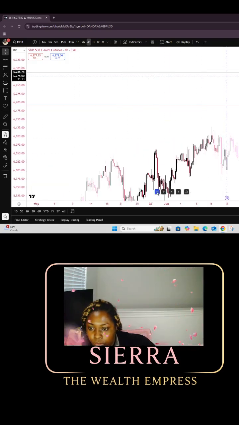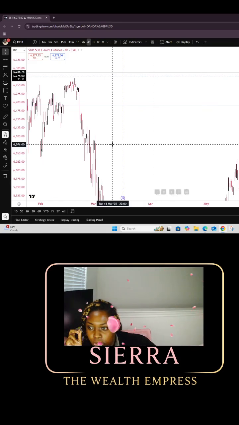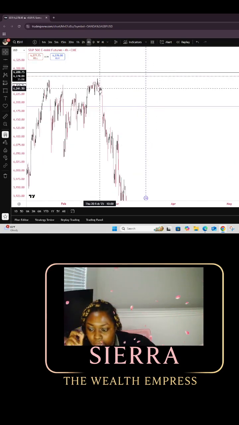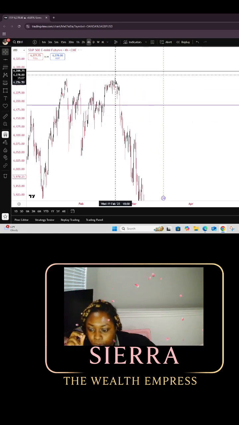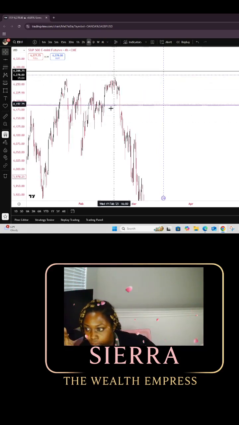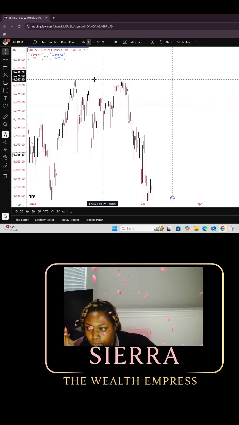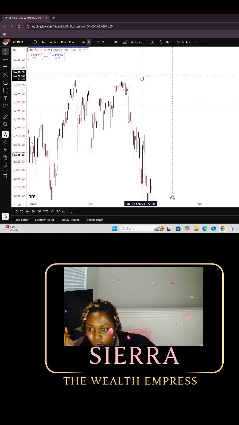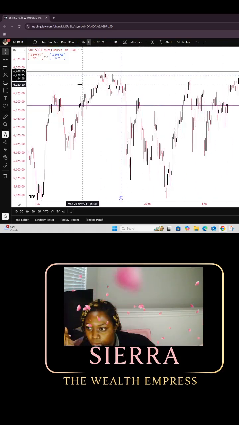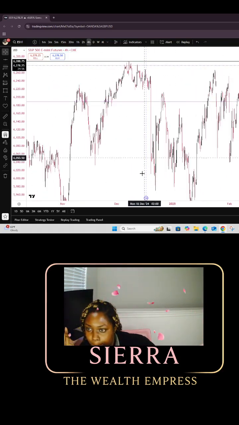Okay, so I want to zoom back out and I want to see what else is going on. What happened in this area the last time price was here? Price was recently here just earlier this year, February 2025. Price has broken above these highs because current price right here is this dotted line. Okay, so what is going on over here?